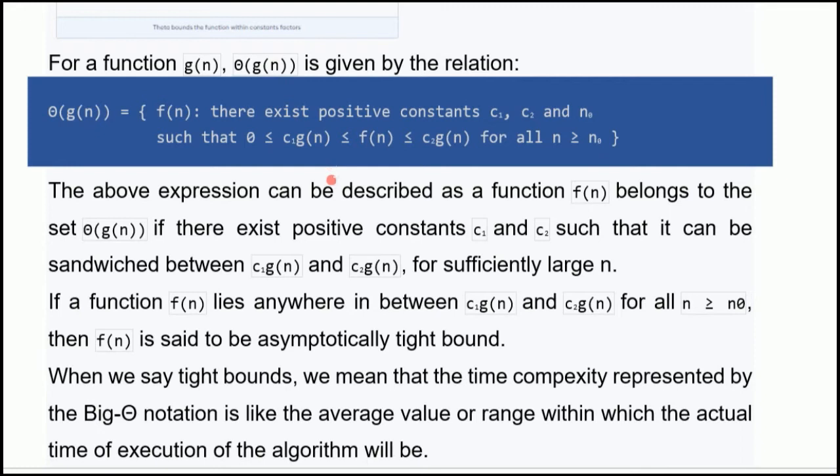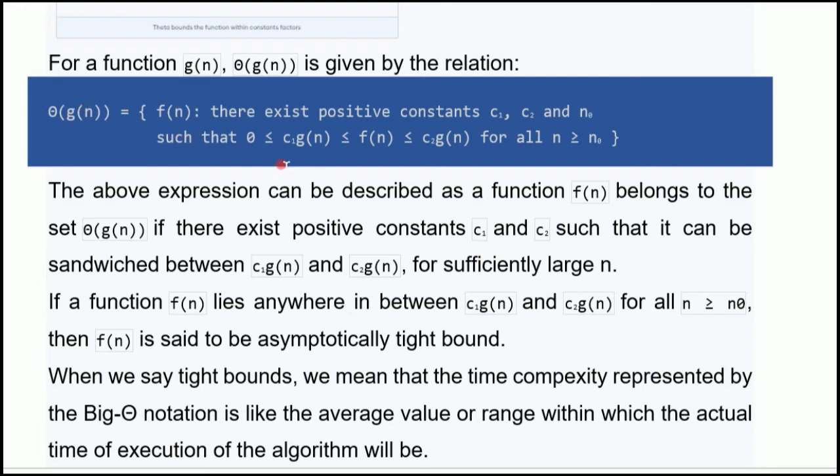In the above expression, we can describe a function f(n) that belongs to the set theta g(n) if there exist positive constants c1 and c2 such that it can be sandwiched between c1 g(n) and c2 g(n).